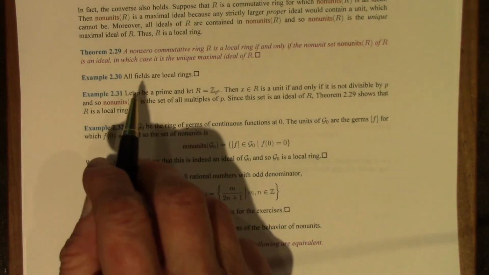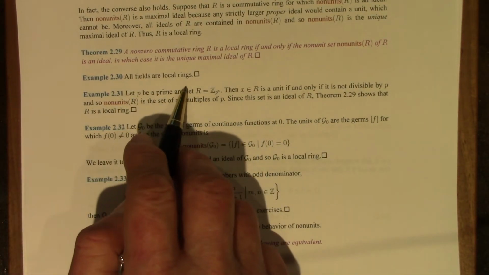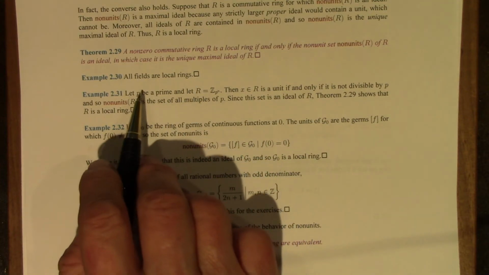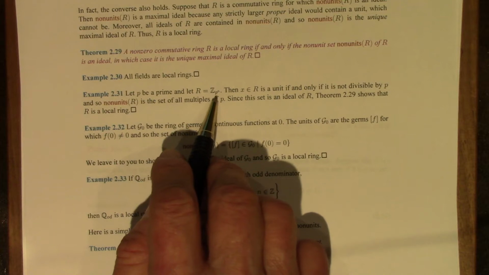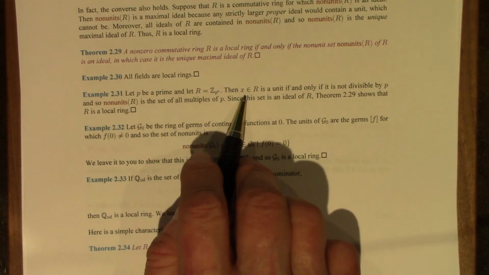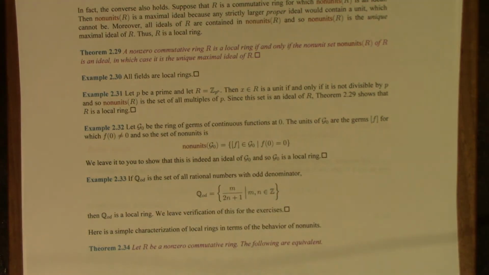Some quick examples. All fields are local rings. Let p be a prime and let R be Z sub p to the n, n obviously a positive integer. Then x in R is a unit if and only if it is not divisible by p. It has to be relatively prime to p. So it's not divisible by p to the n.